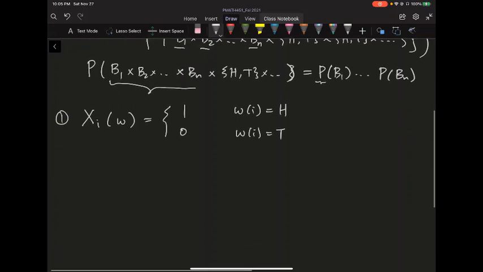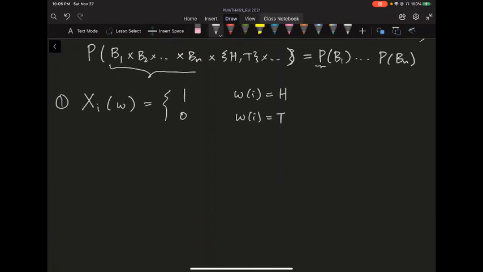And well, you can probably see that each of these coin tosses, because each one of them is on a different set. Okay, so X_i and X_j, they are basically doing different coins. So you can also see from the definition here that these X_i are independent. Okay, so they're just independent based on the way we defined independence.